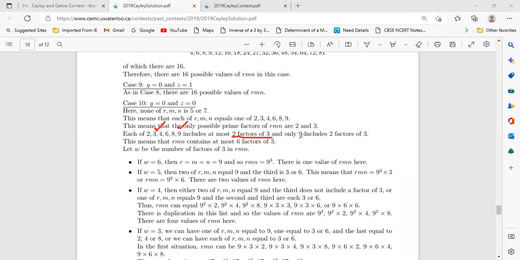So you can't have more than 2 factors of 3 in each of R, M, N, and only 9 includes 2 factors of 3. Well, 9 is the same as 3 squared, so that's 2 threes. This means R, M, N contains at most 6 factors of 3.